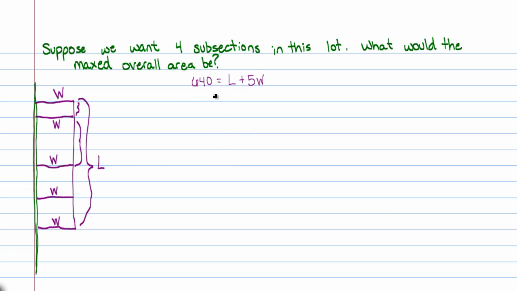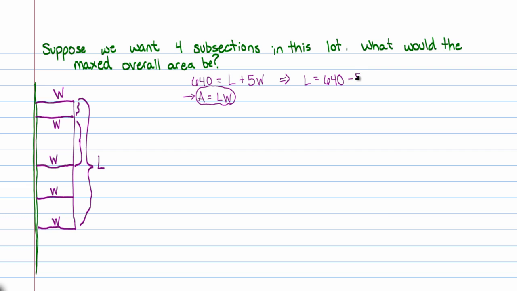And I also know that I want to maximize the area. The formula for area is length times width. Now remember, I'm trying to maximize the area, so I'm going to work with this equation. I just have to get the right-hand side to only involve one variable. So I will solve the top equation for L.